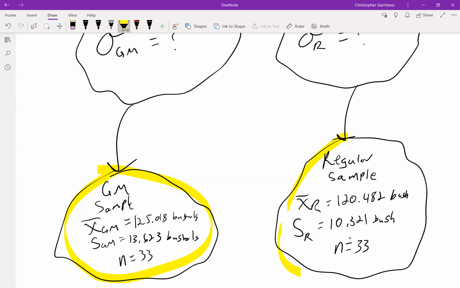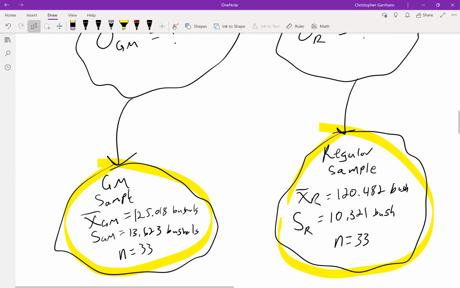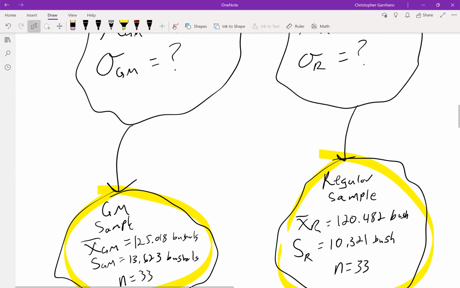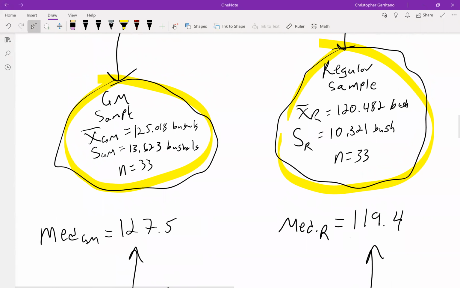Same thing for regular, except that on average there were 120.482 bushels per plot. So again, you could argue now using a probability and a normal model. I guess that would be okay.